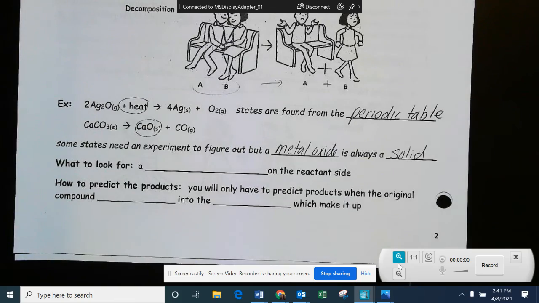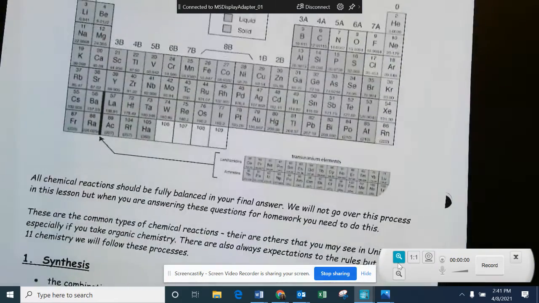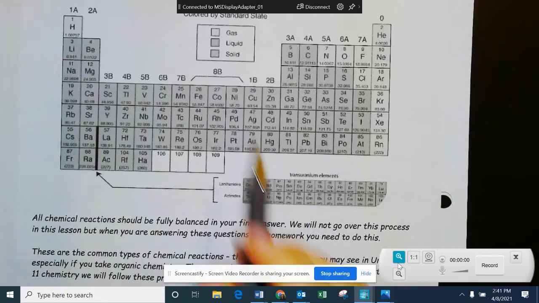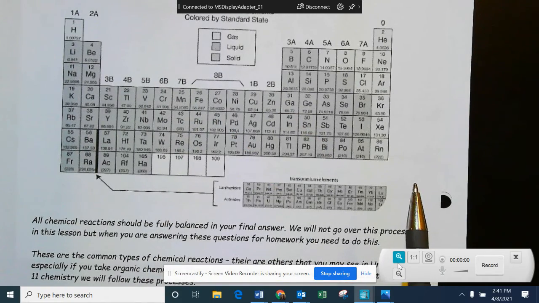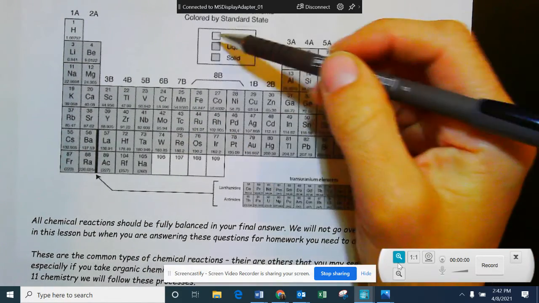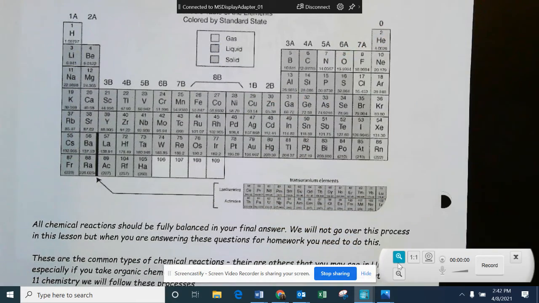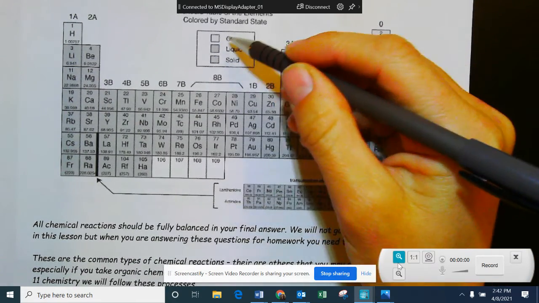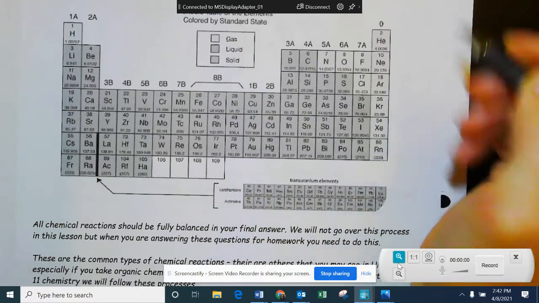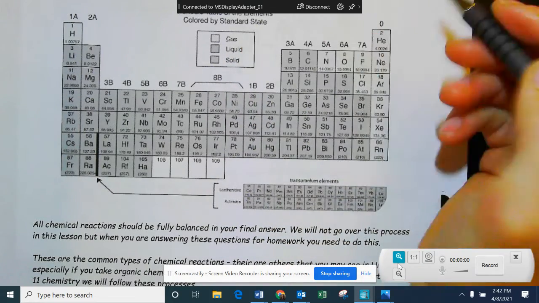so on the table that you guys have on the front page of this, oh, this isn't in color. Okay, I'm gonna give you guys some colors later, and we're gonna color in the periodic table a little bit, but you can kind of see things that are generally gases on their own are a very light color on here.